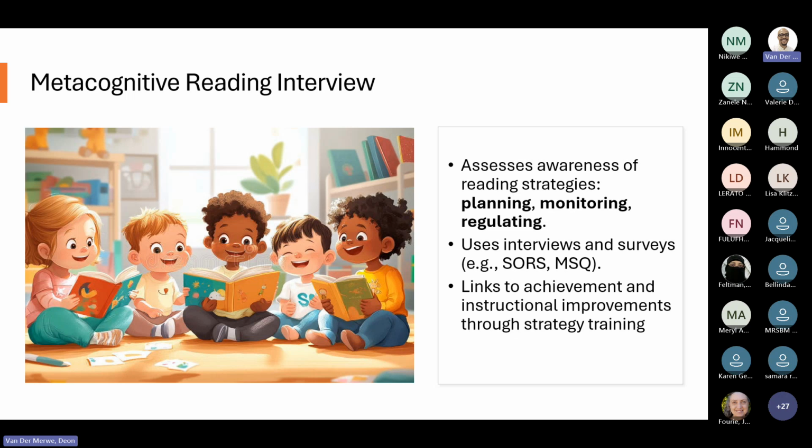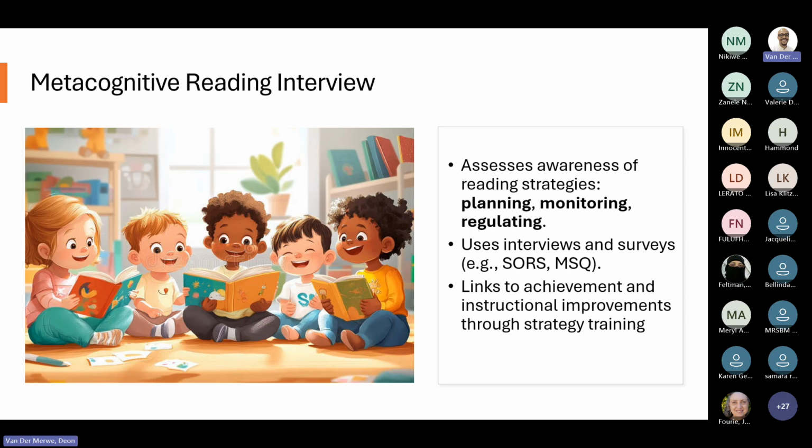A metacognitive interview really just explores how learners plan, and how learners monitor and adjust their reading strategies. It's less about what they read and more about how they approach reading.